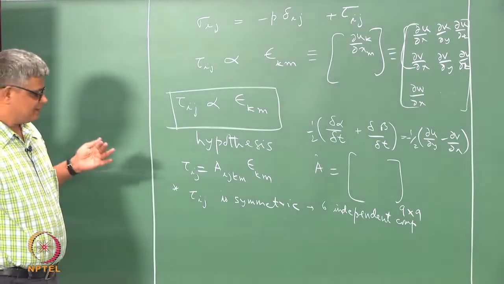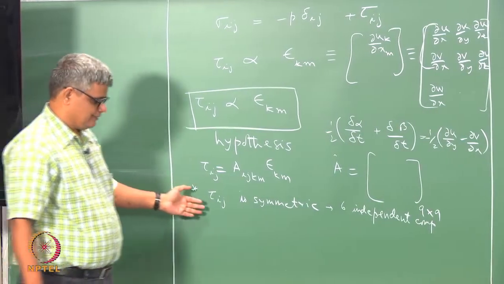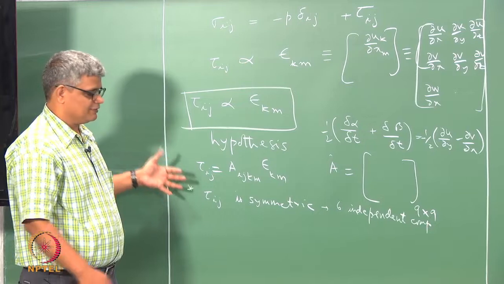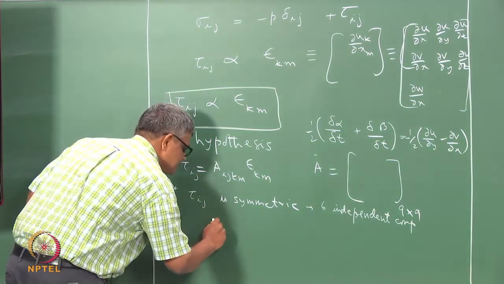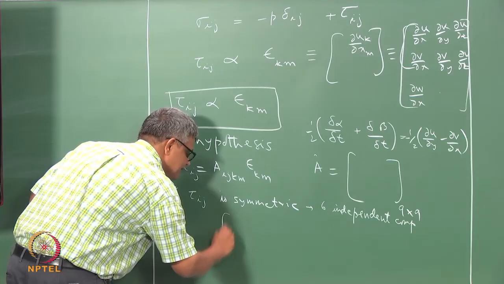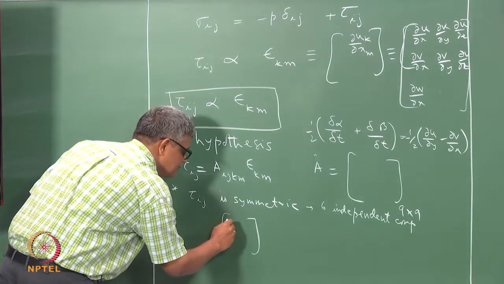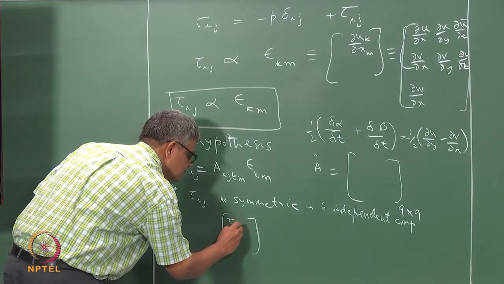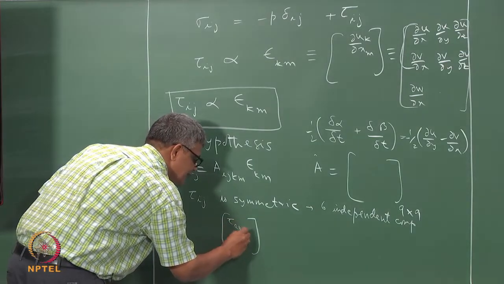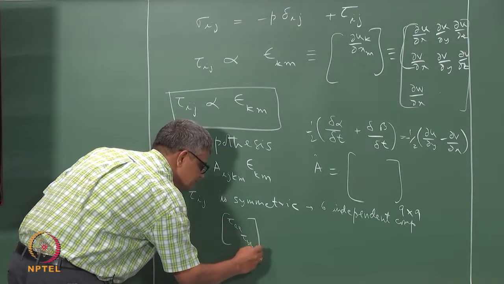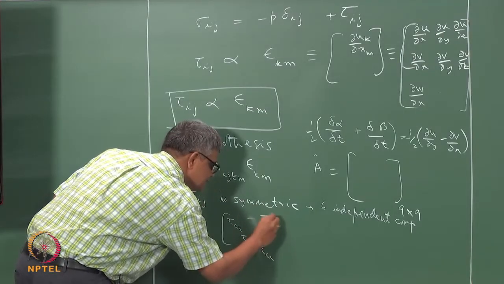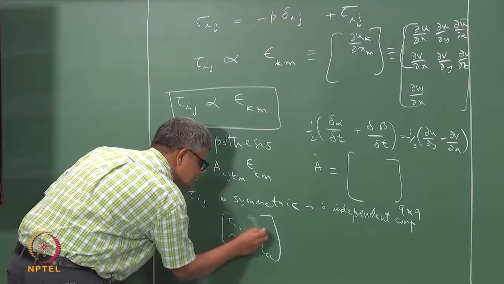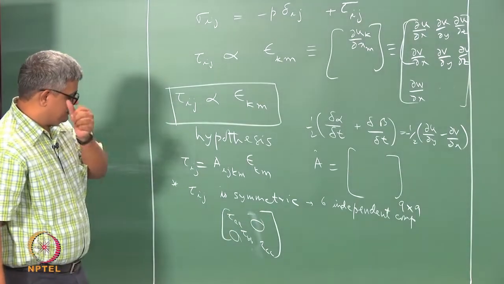And in the special case where we do some matrix operations and rotate this and then write this in the principal coordinate system, then we will only have tau AA, tau BB and tau CC, and all these other things are 0.